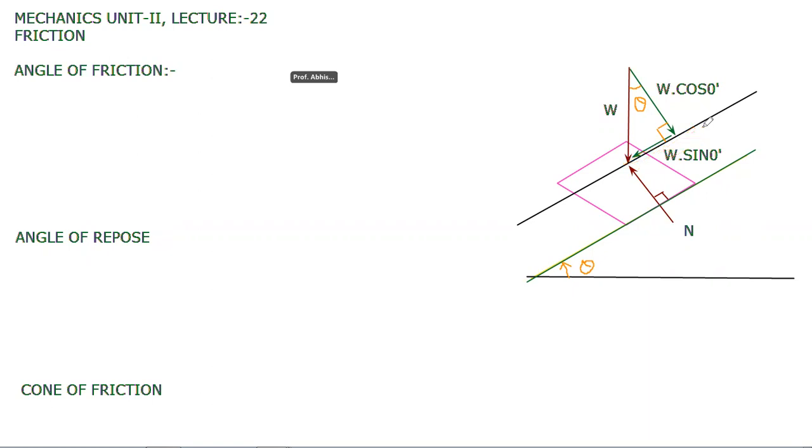These two components are the most important for the resolution in friction numericals. More than 50% of friction numericals will require you to resolve W into W cos theta and W sine theta.